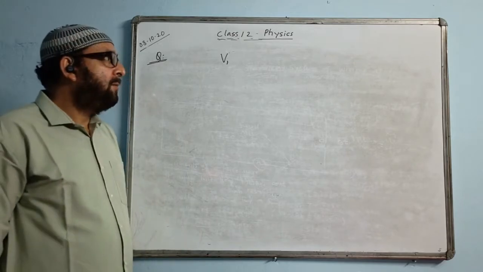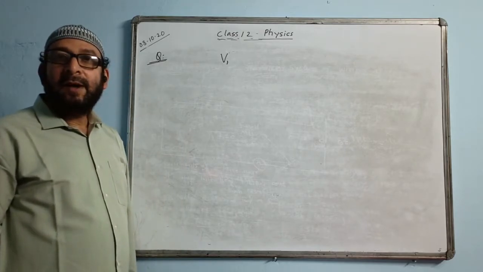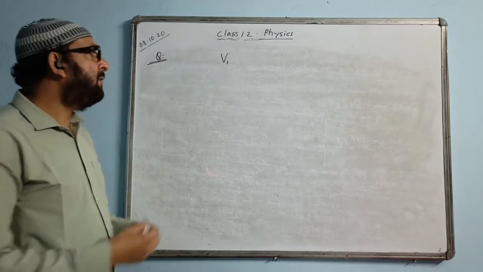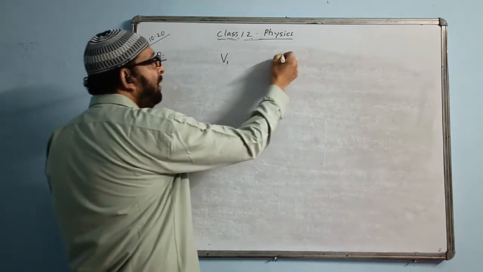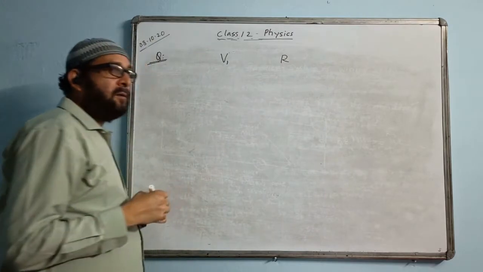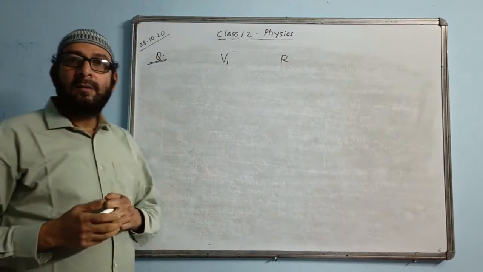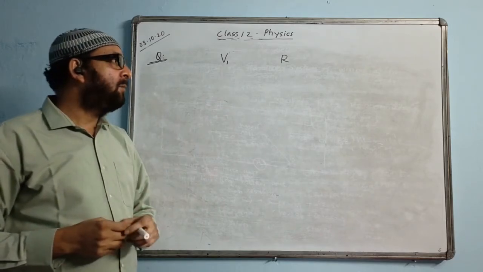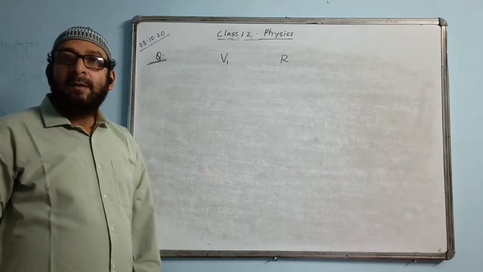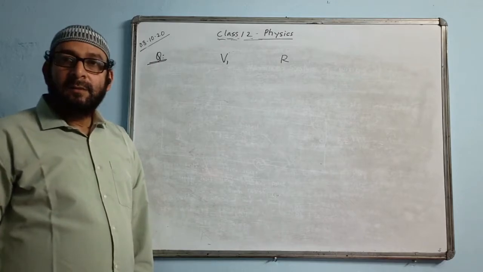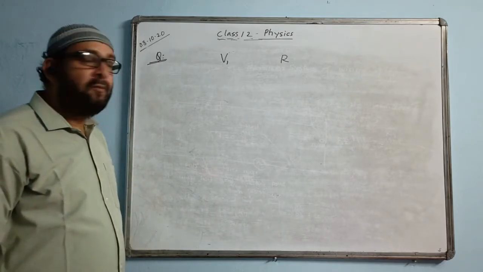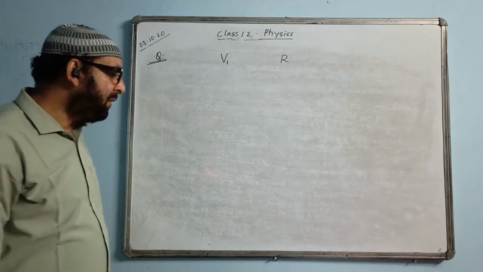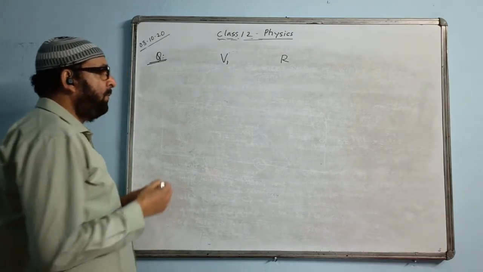So find the value of R, capital R. Find the value of R was part 1, and part 2: find the voltmeter reading V2.